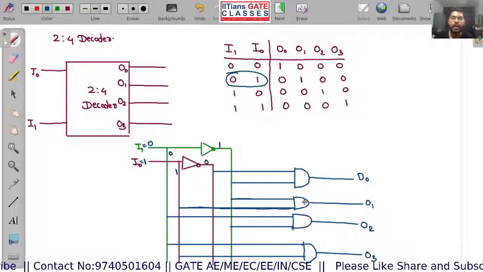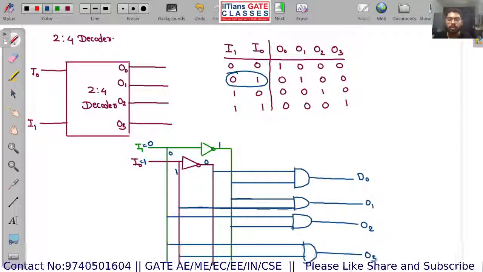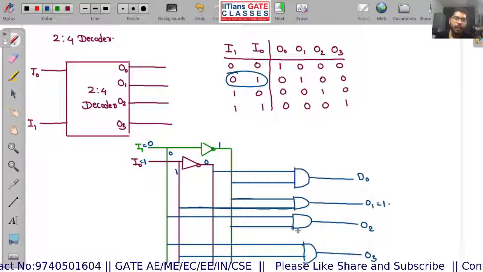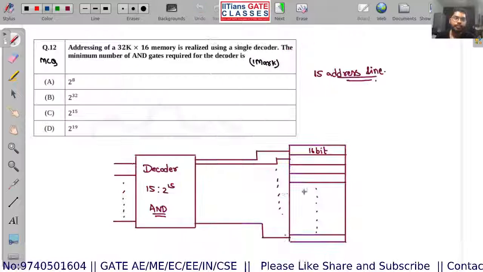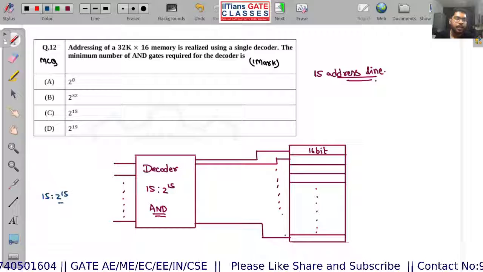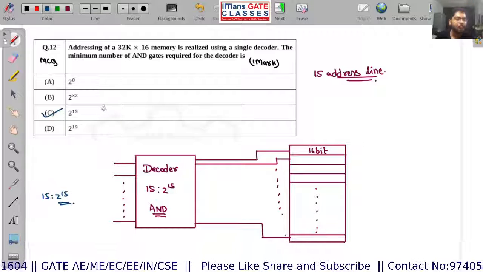For the rest of the AND gates, one of the inputs is 0, so the output will be 0. So for a 2x4 decoder, how many AND gates do I require? 4. Similarly, for a 15 by 2 to the power 15 decoder, how many AND gates will I require? 2 to the power 15 AND gates.